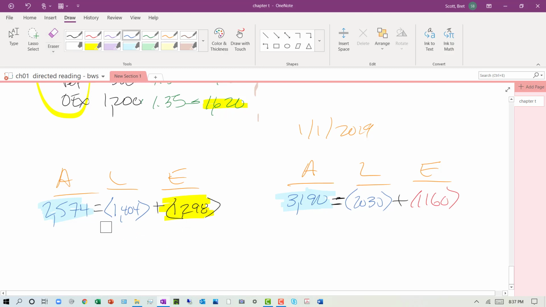The trick in this case is to say, what do I need here that when included with this equity and this liability will equal 2,574? And the answer is a debit of 128. I need to bring down all of this stuff to equal 2,574.